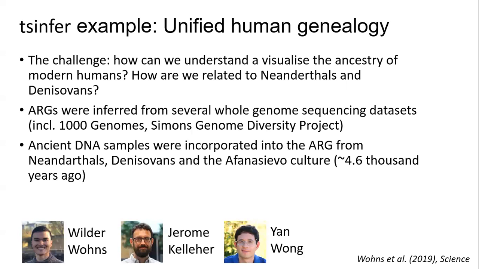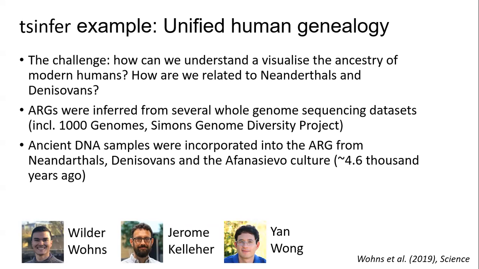Then they could thread in these ancient DNA samples from Neanderthals, Denisovans, and a group of people called the Afanasievo in Russia, who existed around 5,000 years ago. From that, they could incorporate them into the ancestry and figure out how we were related and when our populations diverged. So they then had a tree sequence for our combined human ancestry.